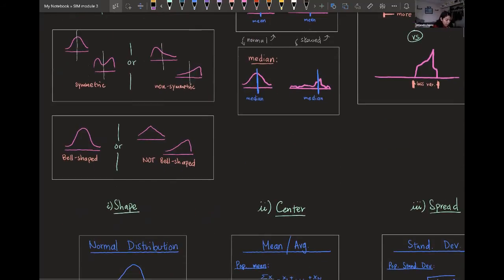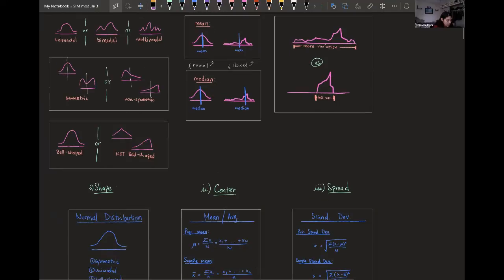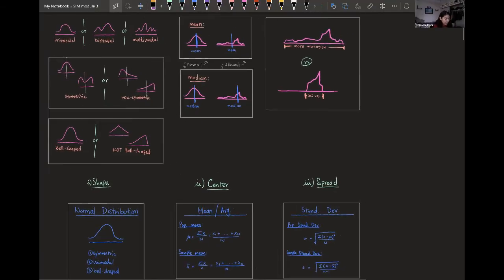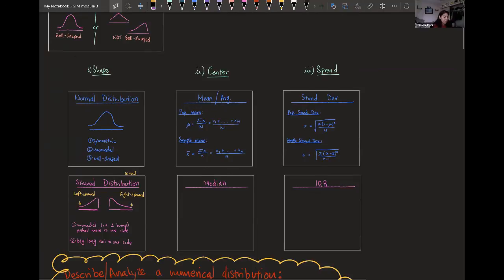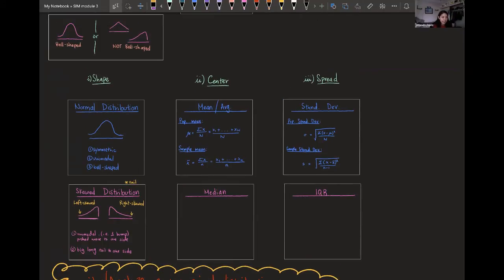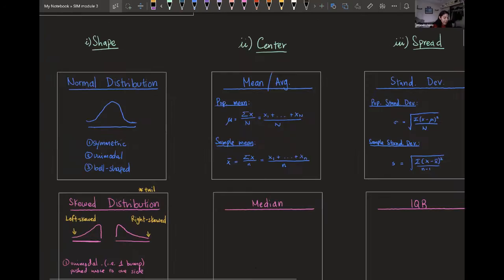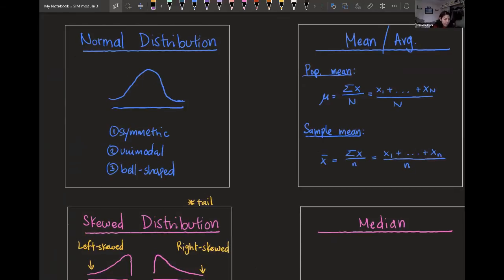Looking at those descriptions, there are a couple of shapes that we can summarize. The normal distribution usually says shape, normal distribution, and it looks like this. There are three things that characterize this. It has to be symmetric, so if we draw a line down the middle and fold it, it should lie right on top of each other.